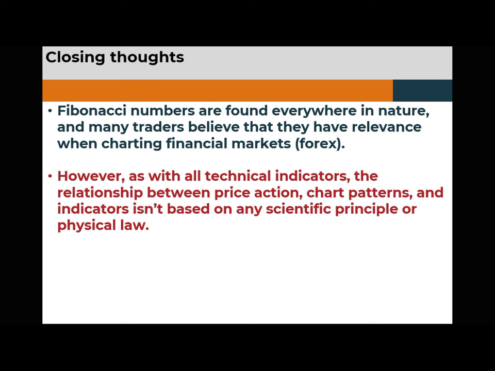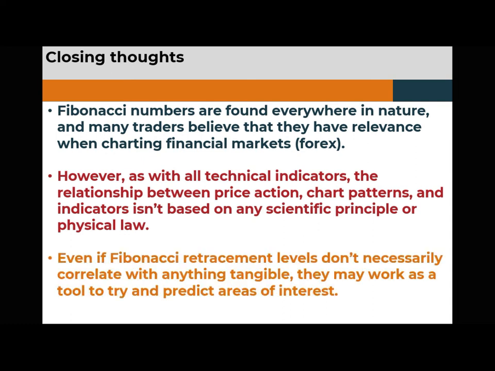I'm always referring to the fact that trading is not an exact science. Now, even if Fibonacci retracement levels don't necessarily correlate with anything tangible, they may work as a tool to try and predict areas of interest.